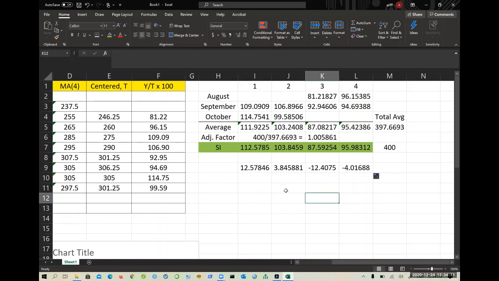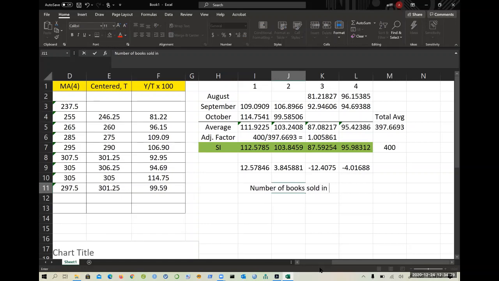So for the second quarter here, you can see that since this one is based on number of books sold, right? So you can say number of books sold in the second week increase by 3.8% every month.